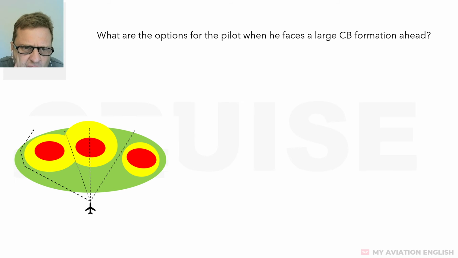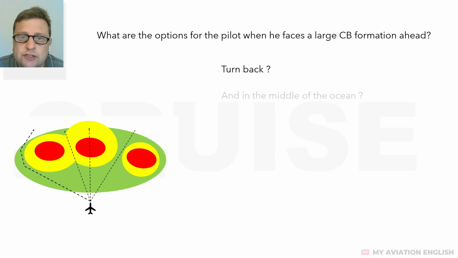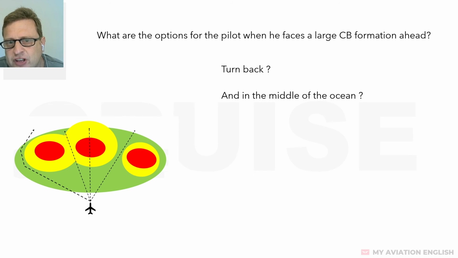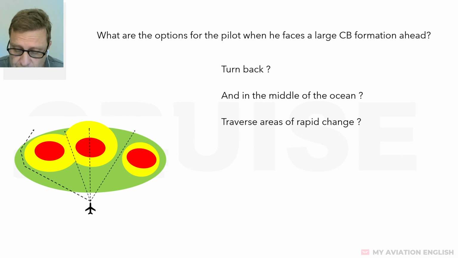If I were the pilot, I would request the deviation from the right side or left side to leave the three cells on my side. And if you are in the middle, turn back, and in the middle of the ocean, traverse areas of rapid change. Let's see the answer.